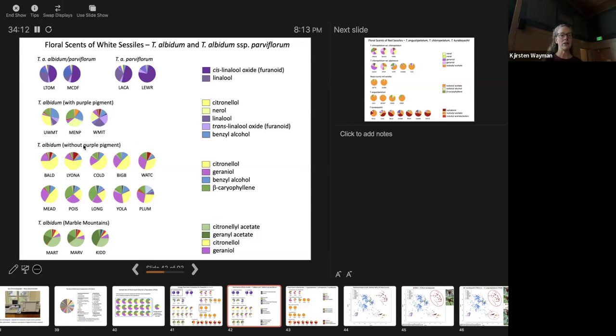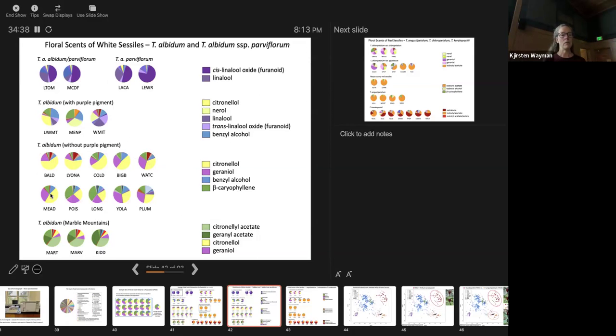I'm going to drop down here to Trillium albidum without purple pigment, and hopefully you can see that this group of plants all has very similar floral scent compounds. We have citronellol, geraniol, benzyl alcohol, and caryophyllene. And the reason I want to go here is because these populations represent the largest geographic range.